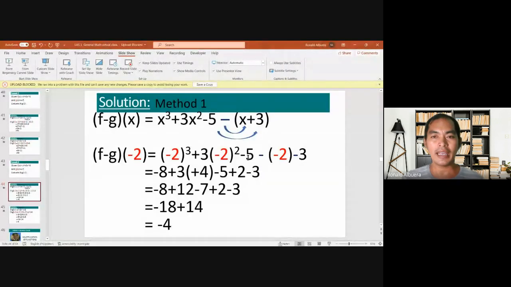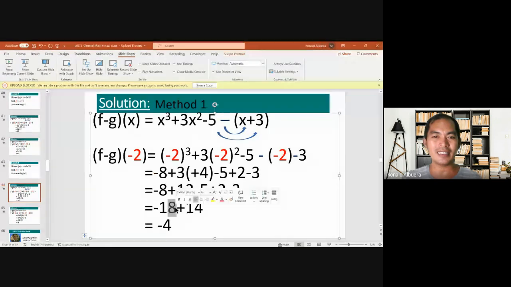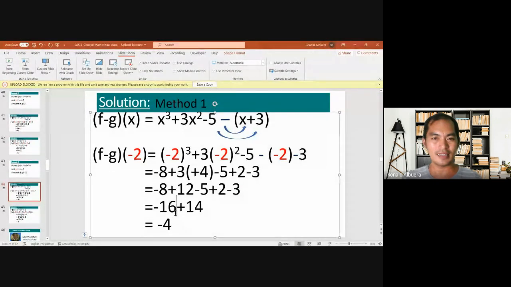So 3 times negative 5. So 8 plus 5 is 5, 6, 7, 8 is 16. Okay, that should be 16. Minus 14 is negative 2.